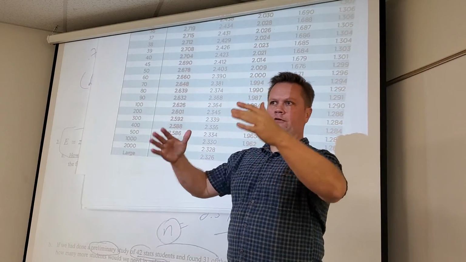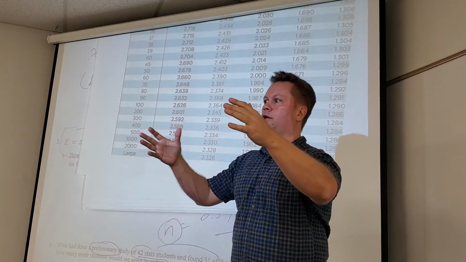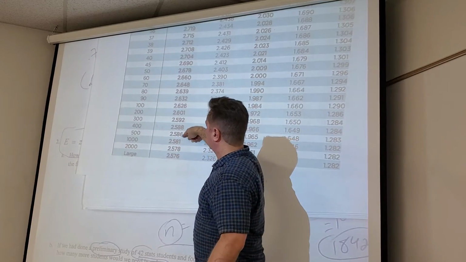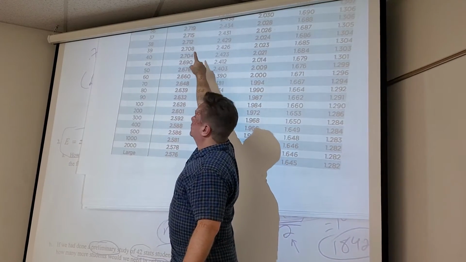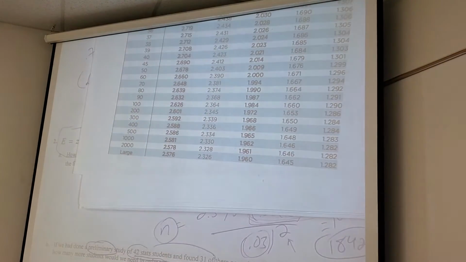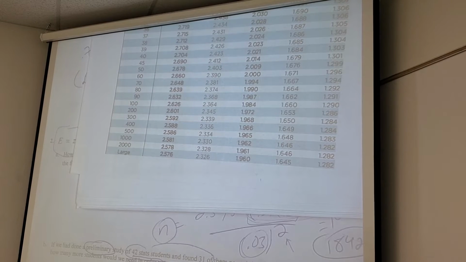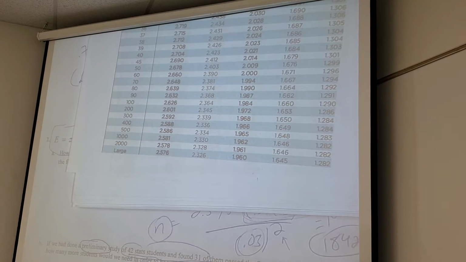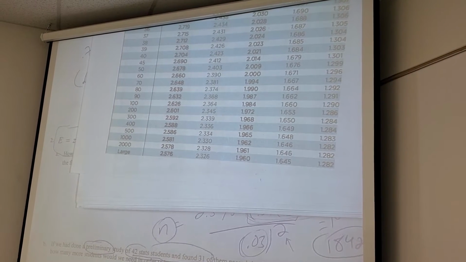It could be further and further away from the real population standard deviation. So as my sample gets smaller, my T-score gets bigger, because the smaller my sample, the more I need to cover my ass for not knowing what the real standard deviation is.